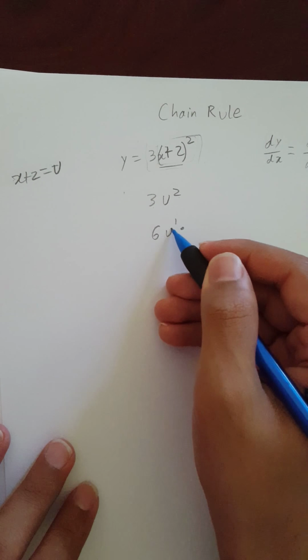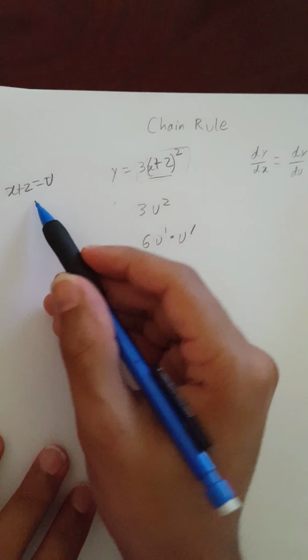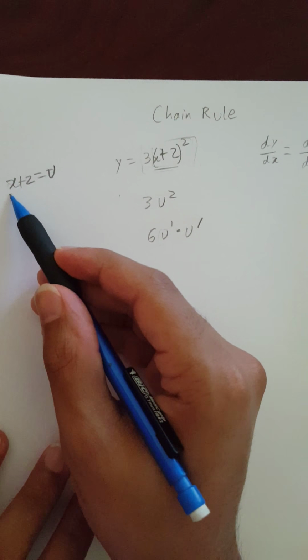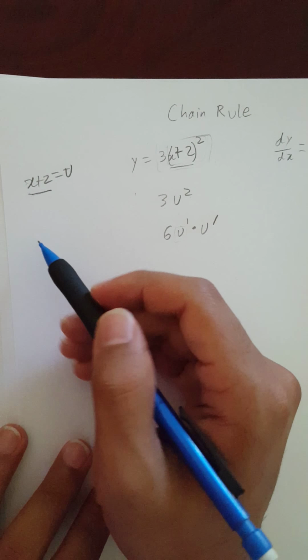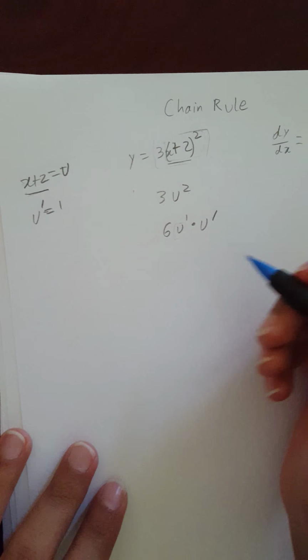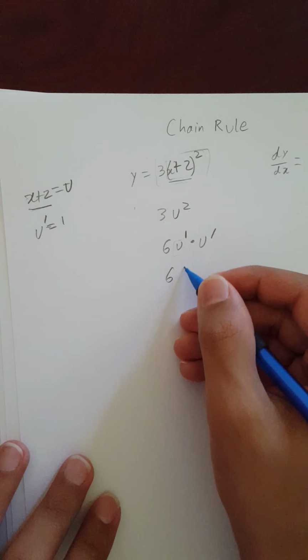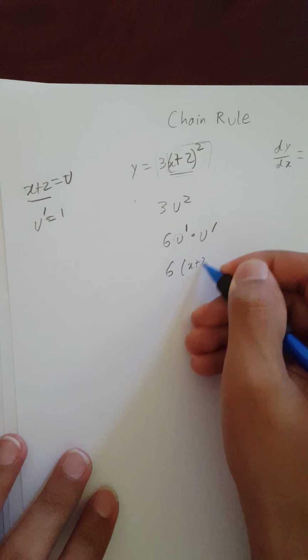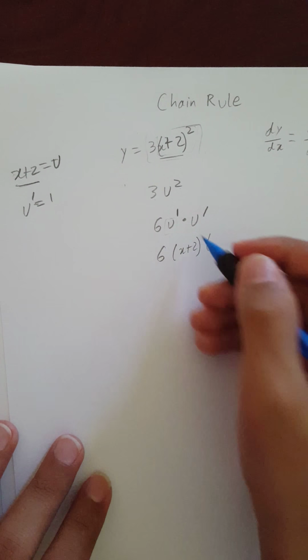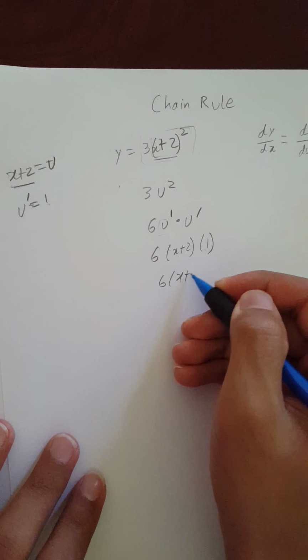But then you multiply by the derivative of the inside, u prime. u prime is the derivative of x plus 2, which is 1. So 6u to the power of 1, where u is just x plus 2, times u prime, which is 1. So we just get 6 times (x plus 2).